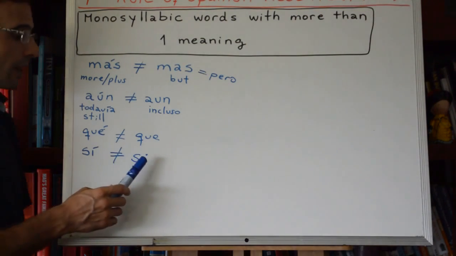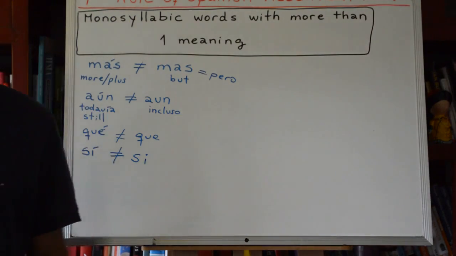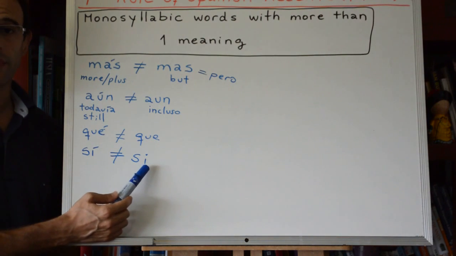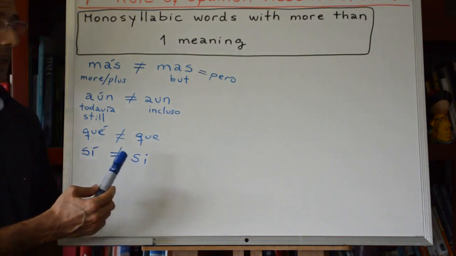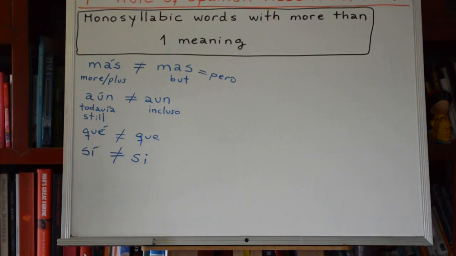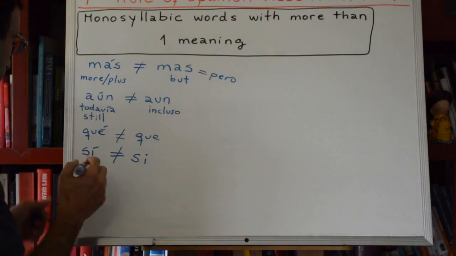For example, si llueve, no saldré de casa. If it rains, I will not leave home. So, si without the tilde is if. Sí with the tilde is yes. Dije que sí. I said yes. Veamos otro ejemplo. Let's see another example.